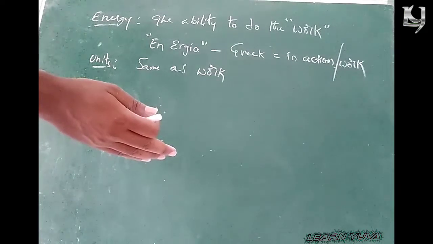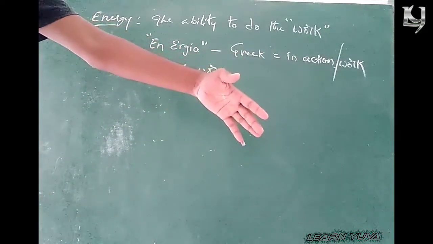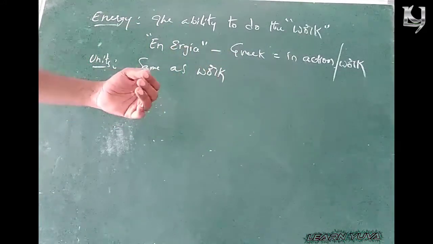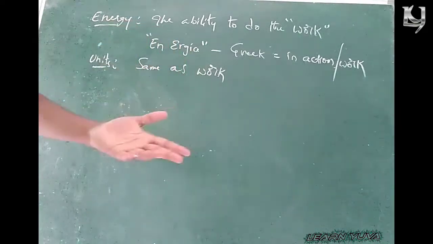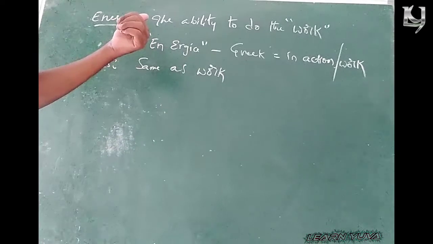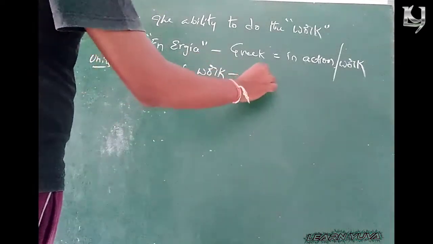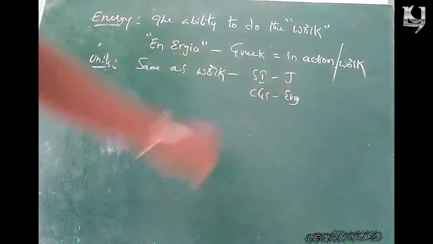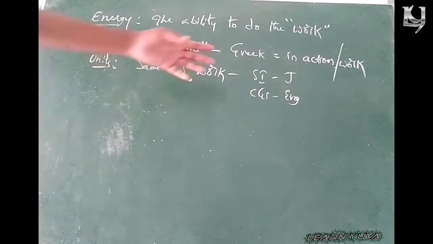So after gaining that energy, the body moves, right? So whenever the body is moving, we can say that it is doing some work. So the work is being done due to energy, right? So the units are the same as the work. SI unit is joule and CGS unit is erg. And we got the relation between joule and erg.